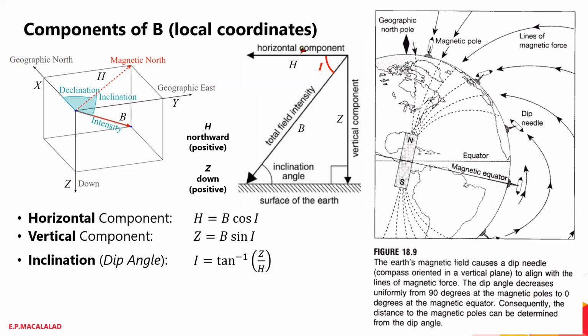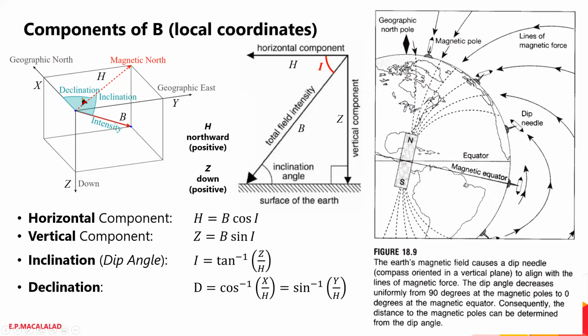Lastly, another angle that we can define is what we call the declination. The declination is the angle between the direction towards the magnetic North Pole and the direction towards the geographic North Pole.